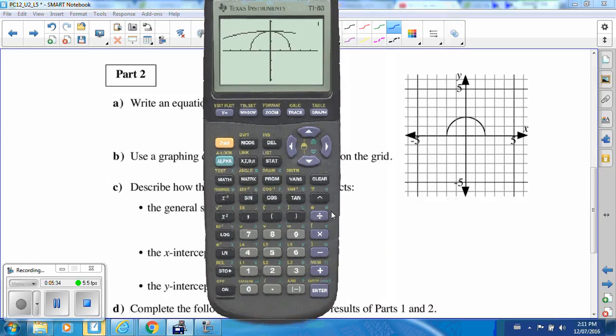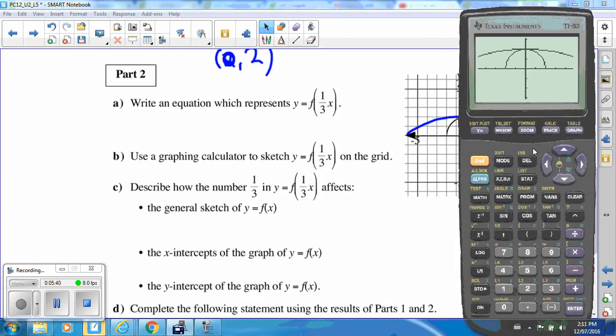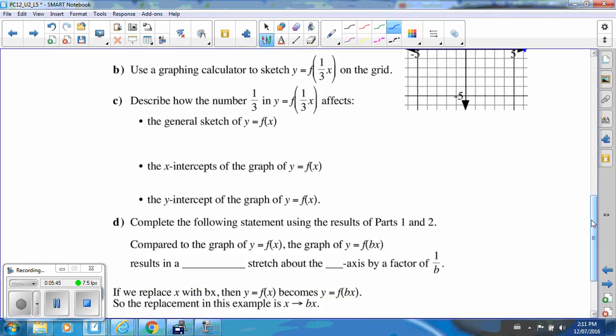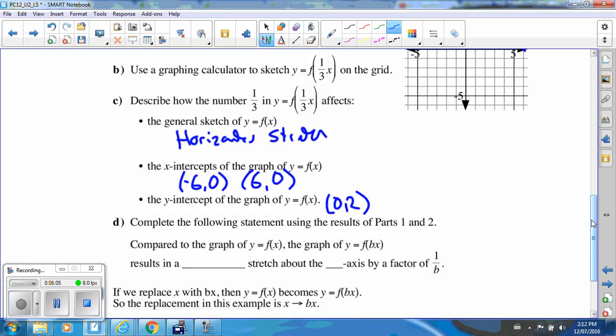So instead of 2, it's now going to go to 6. So this is a horizontal stretch. The x-intercepts got wider: (-6, 0) and (6, 0). They were multiplied by 3. And the y-intercept of the graph stayed the same, (0, 2). Okay, did it right that time.